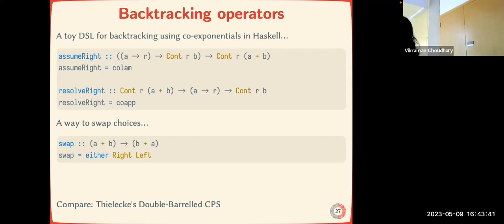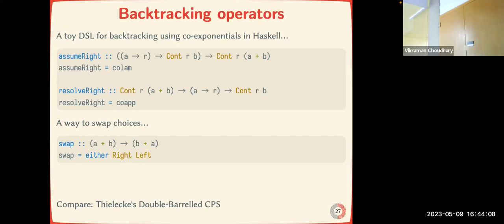Assume you want to produce something in a plus b. You can make a choice: you go left or you go right. But instead of left or right, you choose these operators, which are assume right and assume left. Assume right says you're allowed to produce a b, but with an environment which has a continuation for the other side.